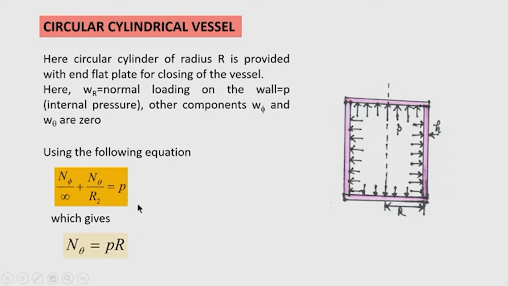Now, let us find out the other component of the stress, that is n phi. We are calling n phi the one along the direction of the meridian. Here the meridian is a straight line. So, sometimes in the analysis of a cylindrical shell, the notation n phi is replaced by n x. Some books or some authors prefer to write the meridional stress in the cylindrical wall as n x instead of n phi, because n phi is related to the sphere, but anyway we will keep this notation consistent.